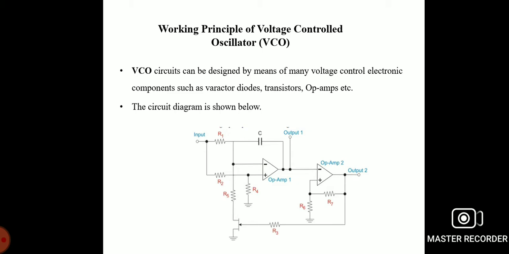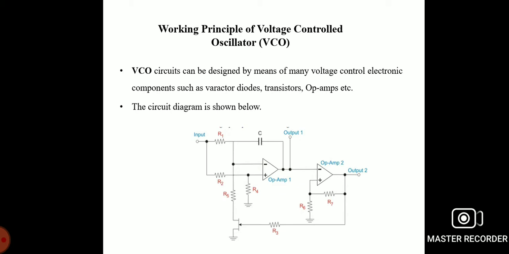Here two operational amplifiers are used to control the voltage in the transistor, or a varactor diode is used in the circuit. The input voltage is supplied to the non-inverting stage and the inverting stage, and the output voltage is fed to the second operational amplifier. It can be positive and negative. So the output will be taken as the intermediate of voltage 1 and voltage 2.